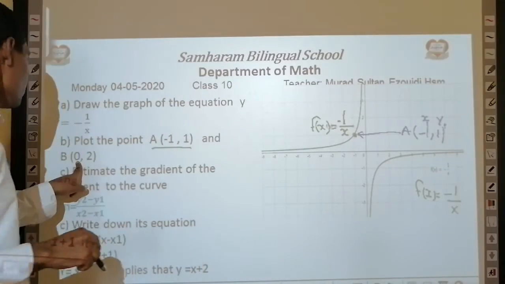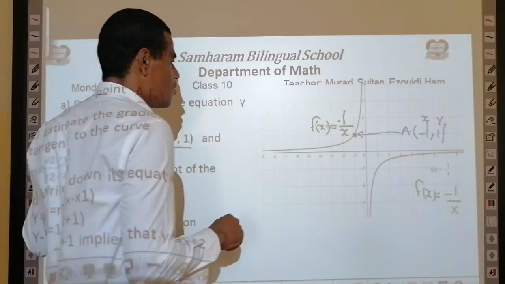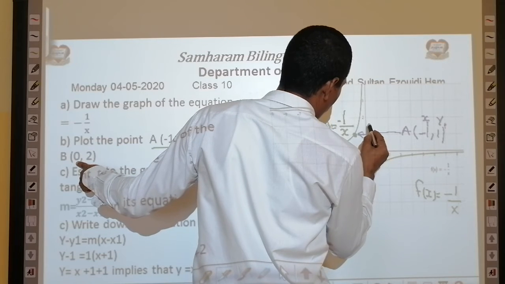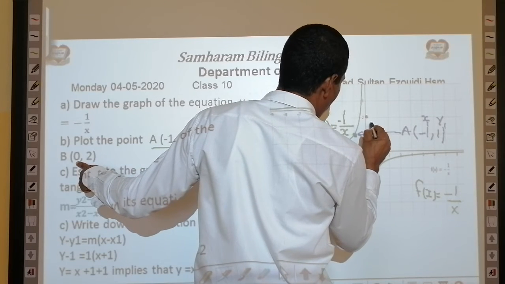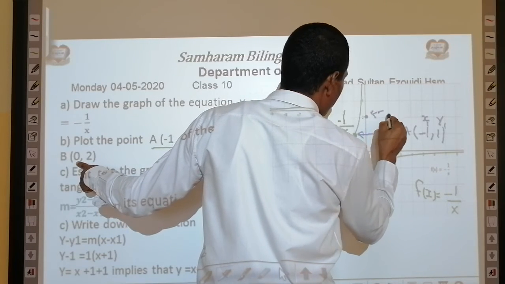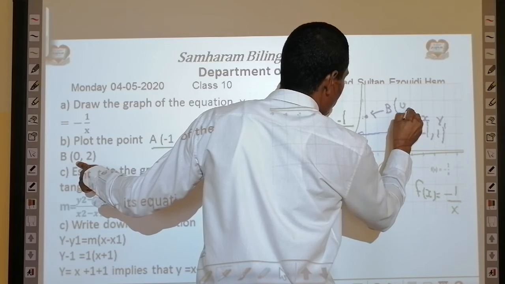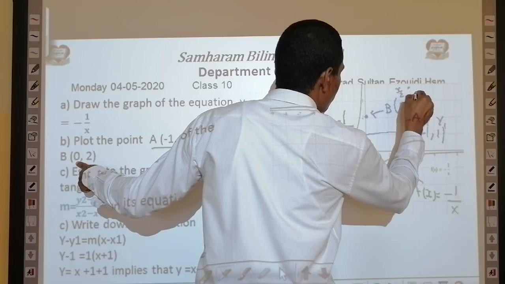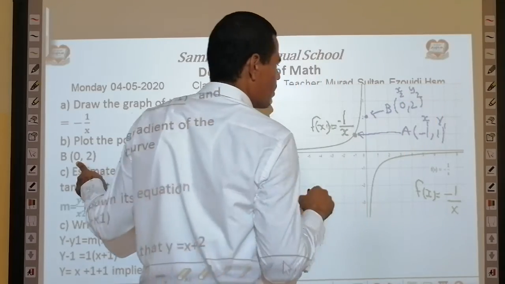Okay? Then B of coordinates (0, 2). This one, my learners, is B of coordinates (0, 2). I will label this as x2 and this one as y2.